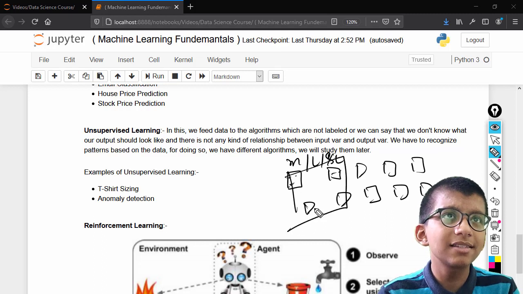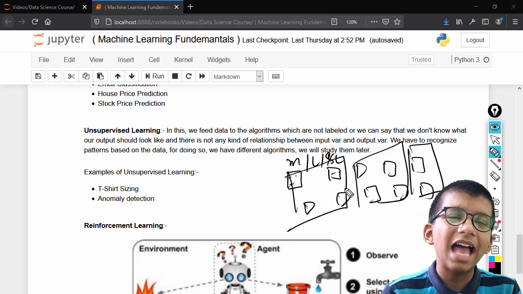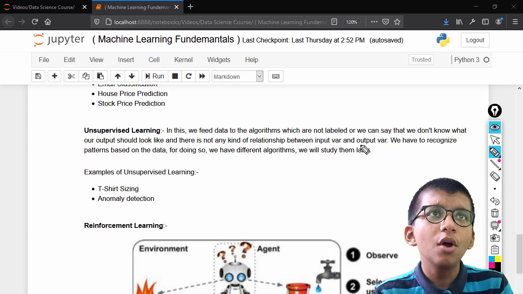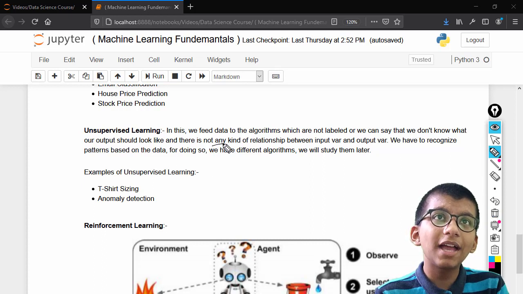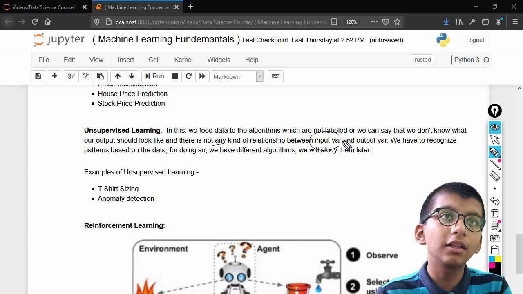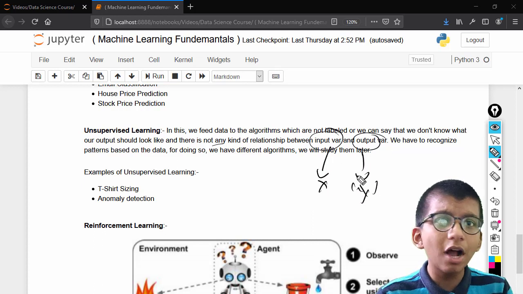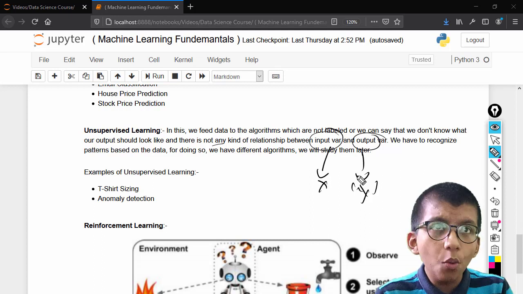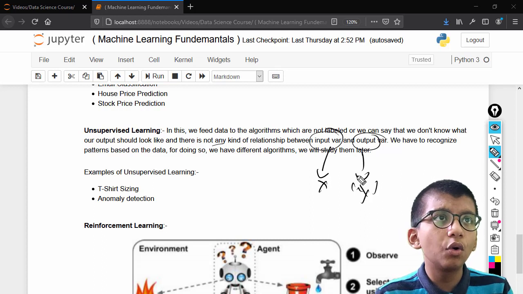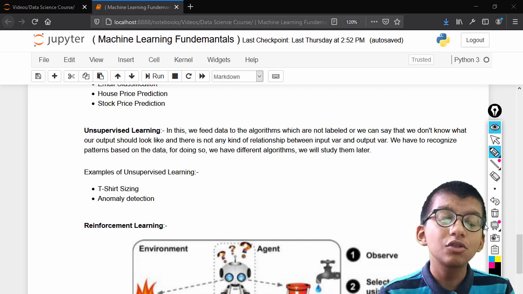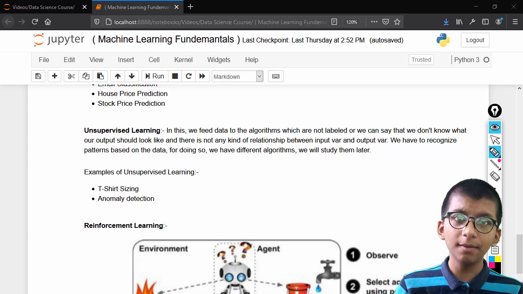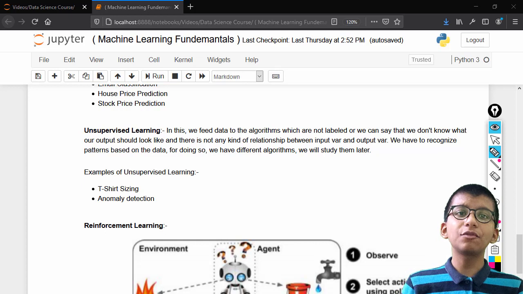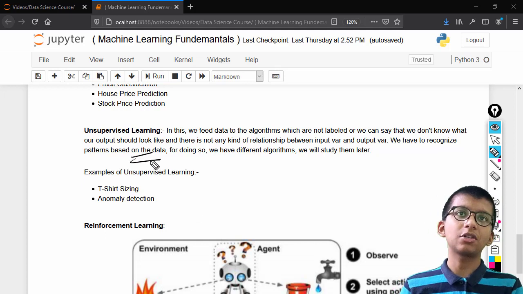We don't know what our output should look like, and there isn't any kind of relationship between our input value and the output value, X and Y. We only know that we want to classify this as M, L, or XL. So we have to make clusters of the data, recognize the clusters, and then make predictions based upon that.